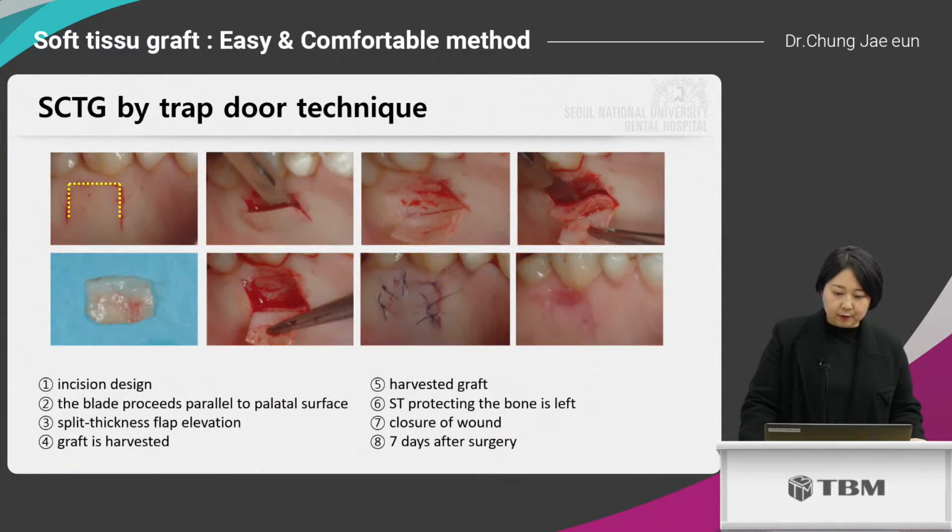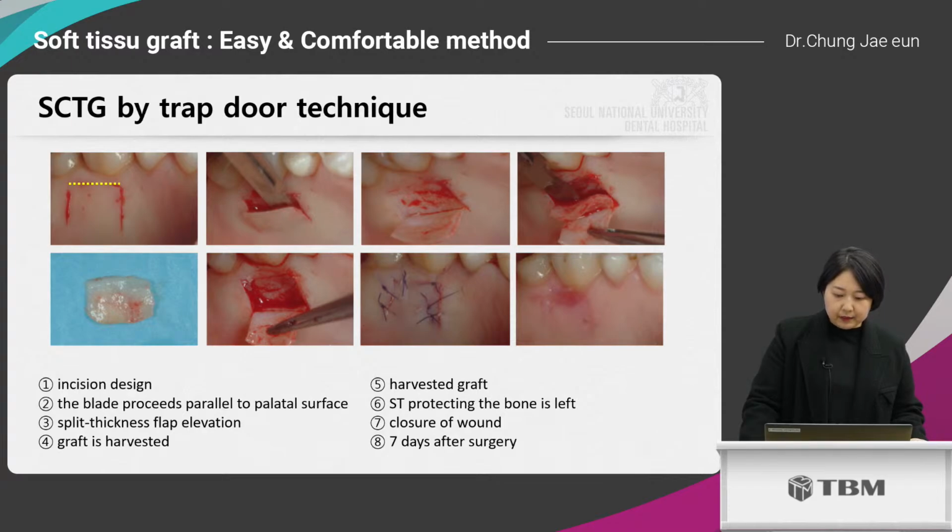Let's take a look at 2 procedures. First, this is SCTG. Make the incision design of the primary access flap. If you get used to harvesting connective tissue, you don't have to make one or both vertical incisions, and this will promote vascular supply to the cover of the donor site.